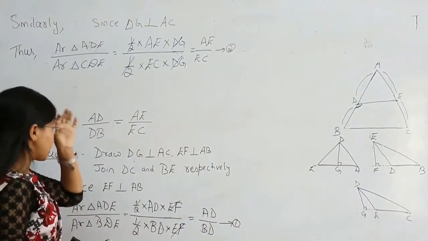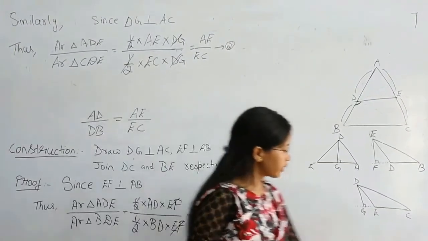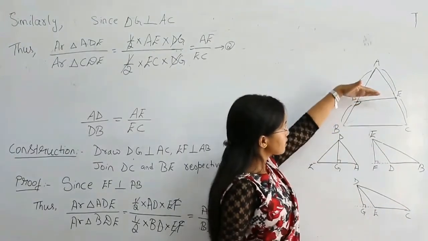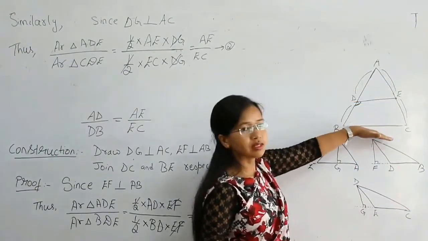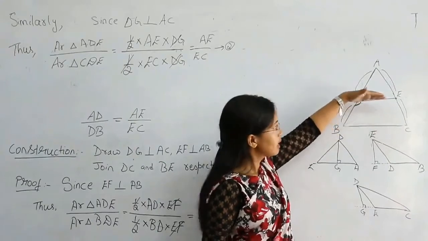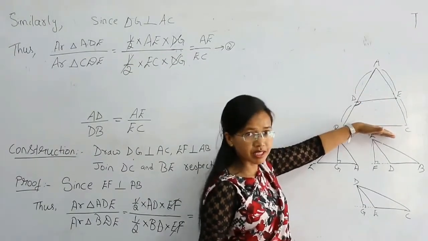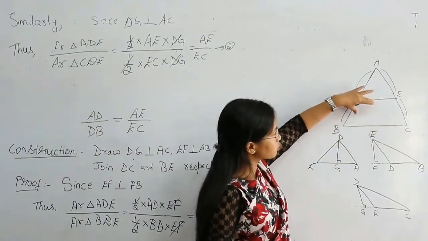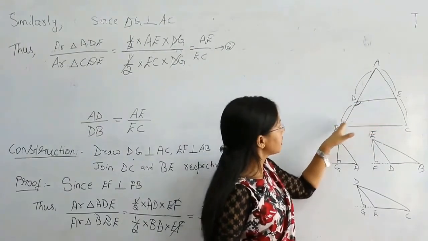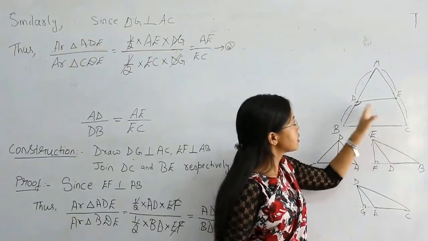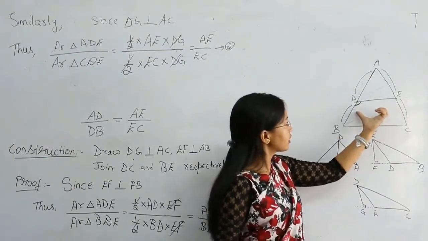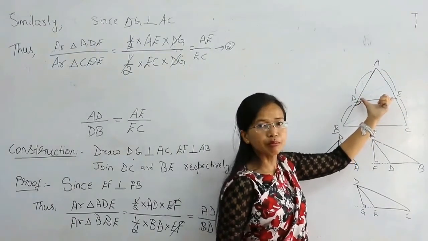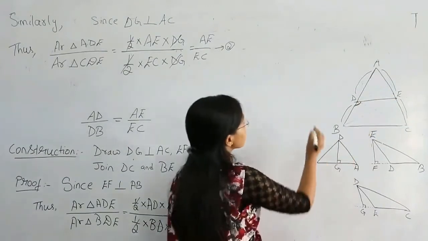Alright. So, look here very carefully. Side DE is parallel with the side BC. And on these two sides, we have two triangles, triangle BDE and triangle CDE. These two triangles share the same base.